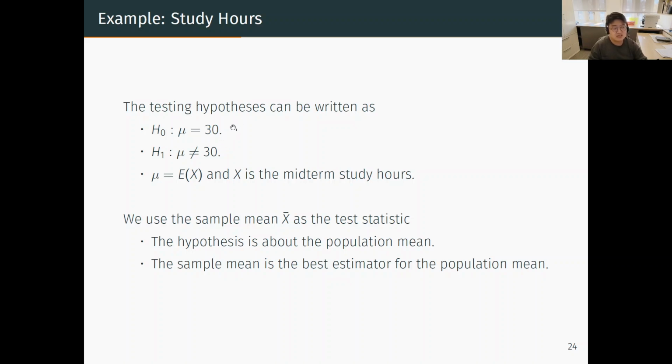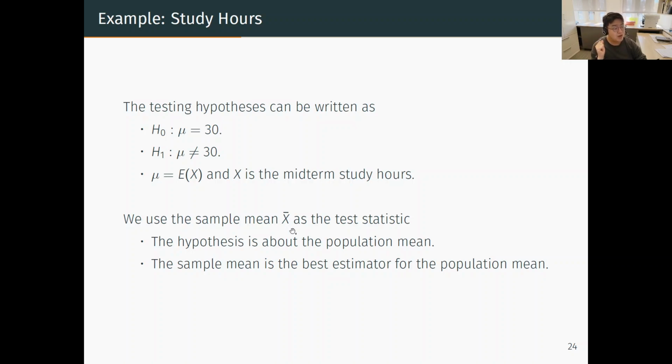So I am testing the null hypothesis. We are going to use the sample mean calculated from the data as the test statistic because we know that the sample mean is the best estimator for the population mean, right? We learned this is the best point estimator, so we are going to use it for the same reason. The sample mean is the best single number that is closest to the unknown population mean. And then it is simple.